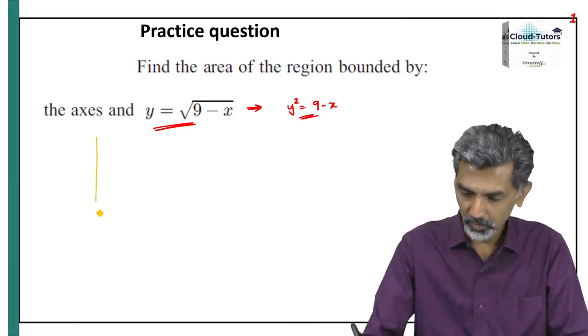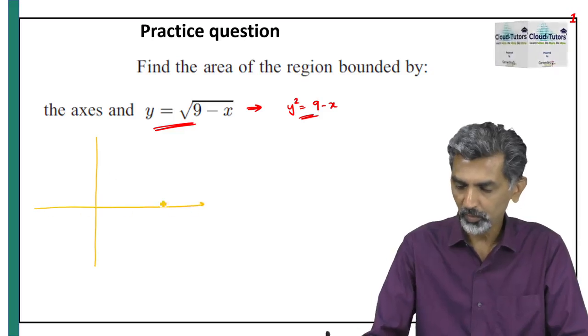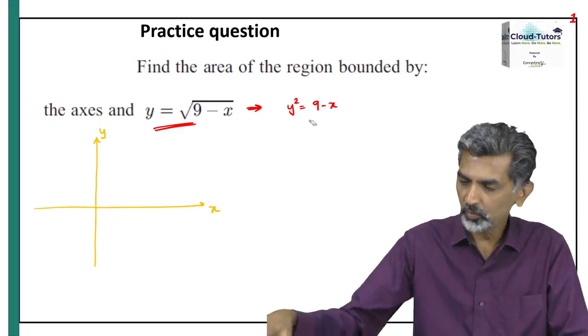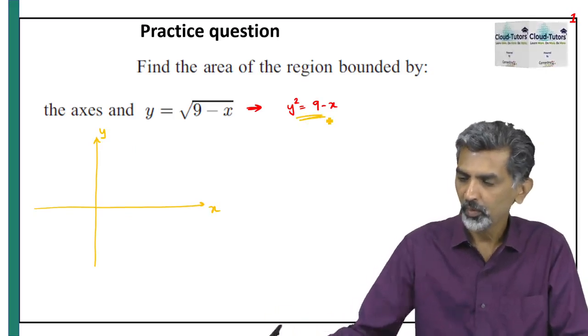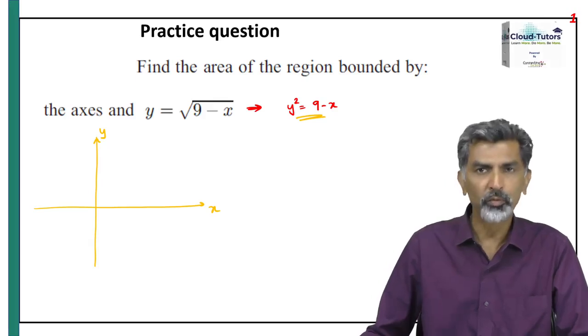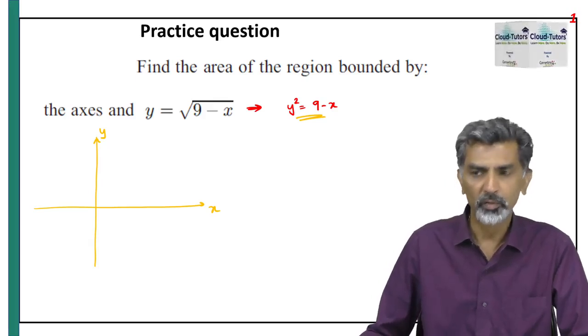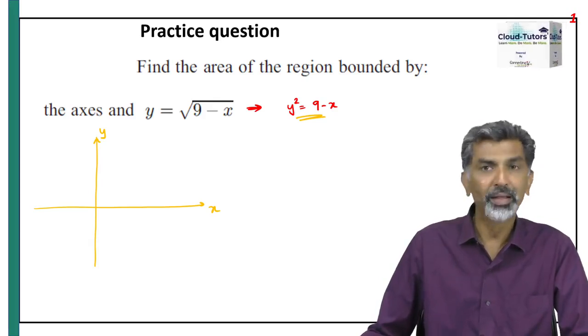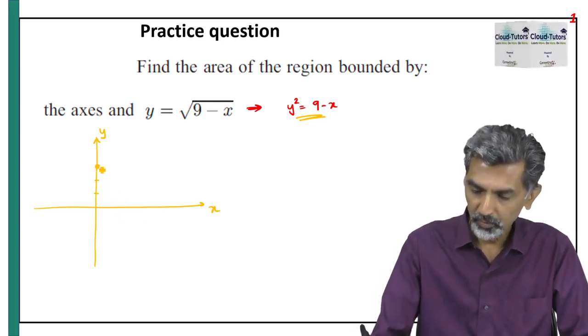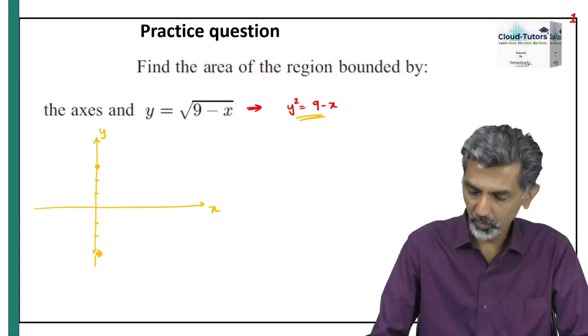So again, we have the axes here. Now, when you think about this function here, what happens when x is equal to 0? When x is equal to 0, y can be plus or minus 3. So when x is 0, this is a point and this is a point here.